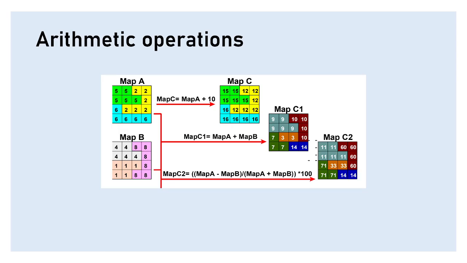In each of the cells, you're adding a value of 10. So it becomes 15, 15, 12, 12, 15 like that. See, 6 became 16, 5 became 15, and 2 became 12. You added 10 to it. Okay. Here, you are only using the arithmetic operations. That's why it's an example of arithmetic operations.